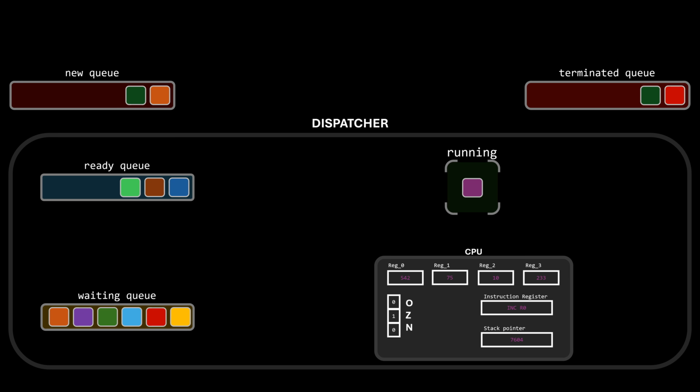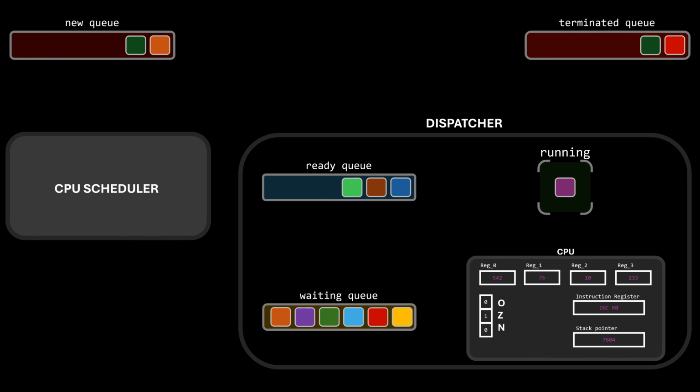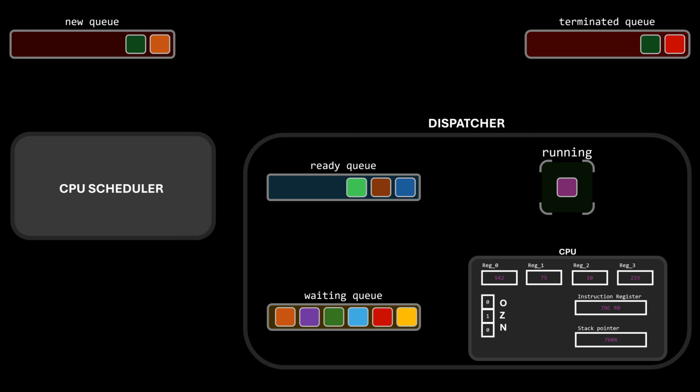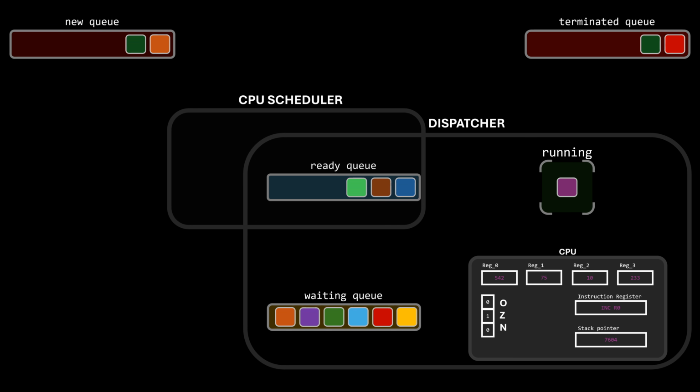If the processor supports it, the dispatcher is also responsible for switching to user mode before handing control to the process. In other words, the scheduler determines which process should use the CPU next by managing the ready queue according to a specific scheduling policy, while the dispatcher is responsible for the execution of the decision made by the scheduler.